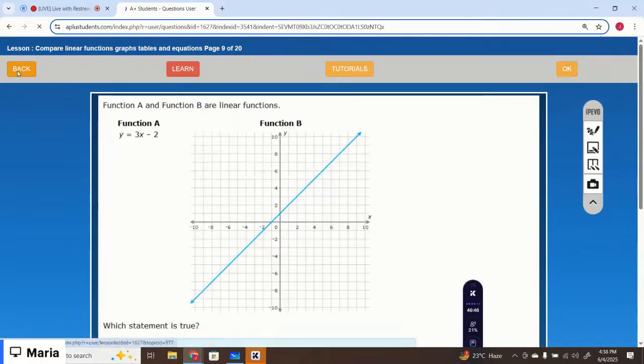So you can complete the lesson by yourself every day. We were working on grade 9 math. The chapter we were working on is linear functions.